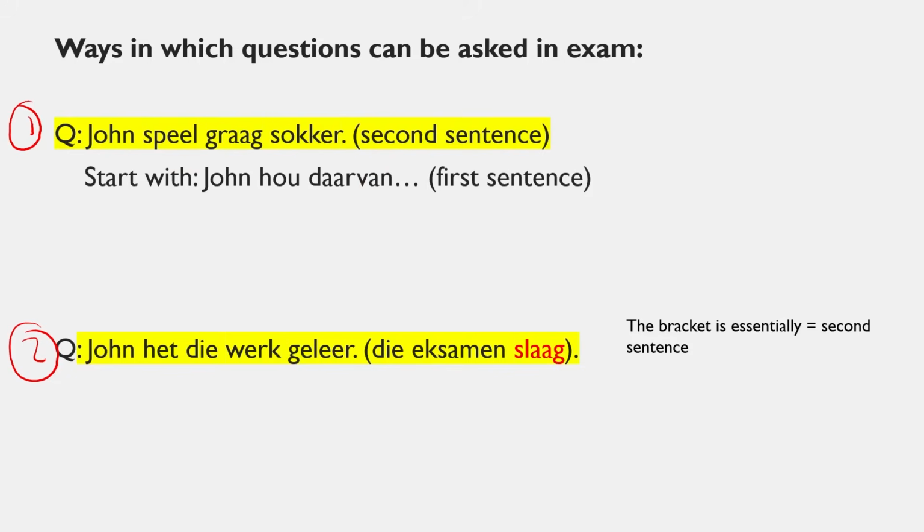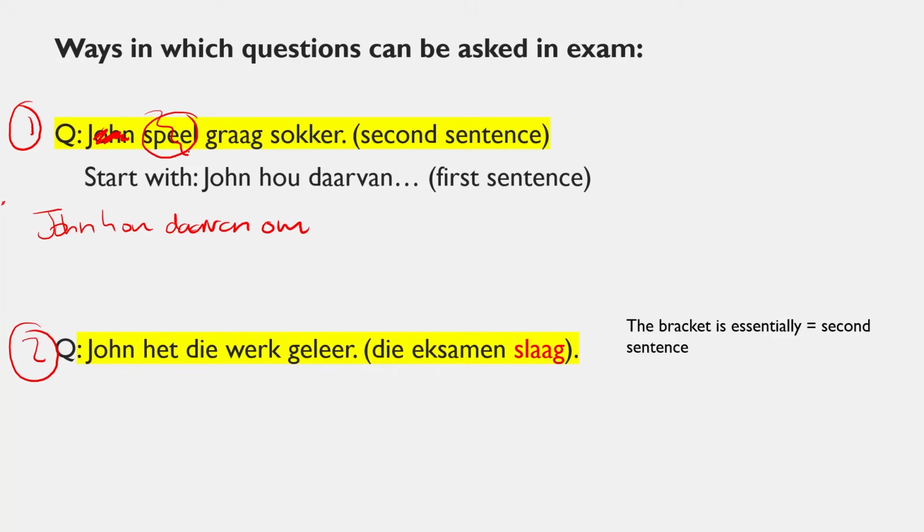You take the first sentence as is, right? John hou daarvan. Then you add om. Then you look at your second sentence and remove any repeated pronouns and proper nouns. What is our second sentence? That was the initial question. John is repeated again. So we'll literally remove that. Step 5. Look at the verb, take it out temporarily. What is our verb? Speel.